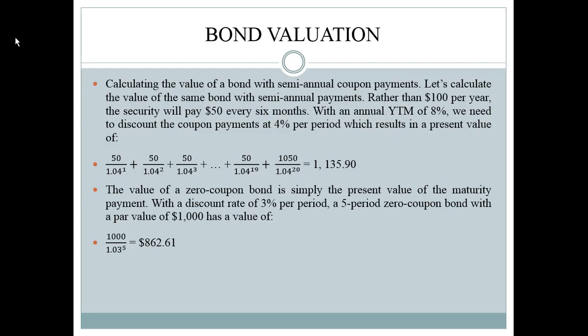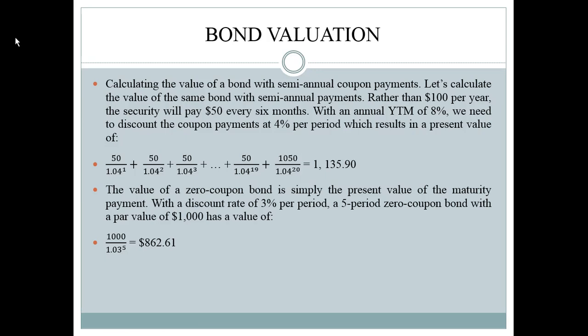And then we are now going to calculate for a bond with semi-annual coupons. Okay, let's say the bond pays coupons semi-annually, that is twice a year. So rather than receiving $100, you'll be receiving $50 every 6 months. And then we had assumed that the discount rate is 8%. So since we are receiving $50 every 6 months, we are now going to discount at 4%.